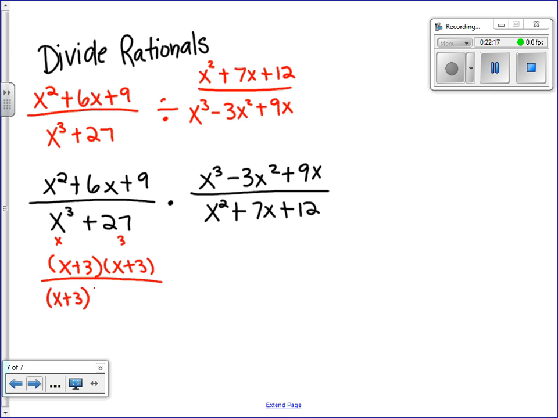So it's going to be x plus 3, x squared minus 3x plus 9 times, this has a GCF of what? What do all of these have? They're all x. X squared minus 3x plus 9. And what are two numbers that multiply to give me 12 but add to give me 7? 4 and 3.